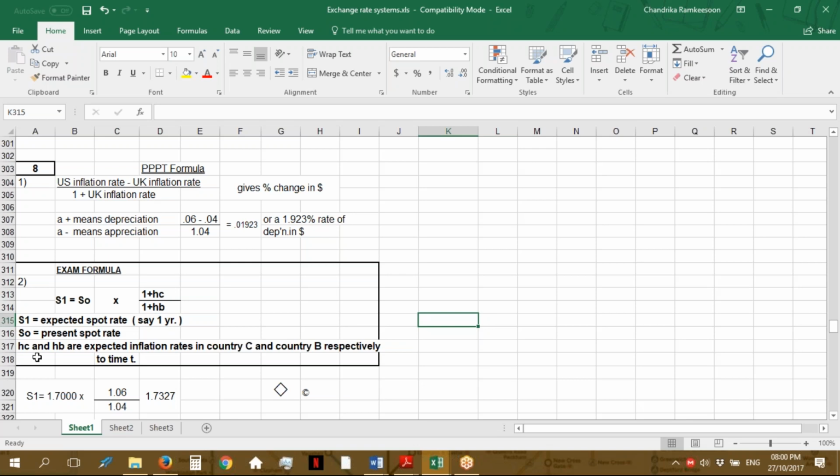And we've been told, as you will see if you look at your text, hC and hB are inflation rates in country C and country B respectively to time T. Now, what is that? That does not say anything. So guess what? The tool that you get for Christmas, even if you read the directions, and you understand English and the directions are in German, guess what? You're none the wiser.